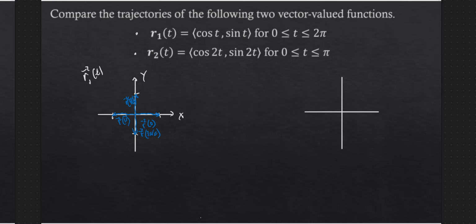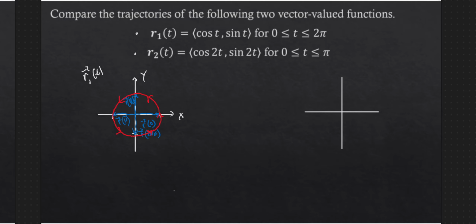I'll just graph those, and then I'll draw the rest of this in red. So for the trajectory of the object, we could do all the t values in between, and what we get is an object traveling counterclockwise, positively, around the origin with radius 1. And that's for t from 0 to 2 pi.